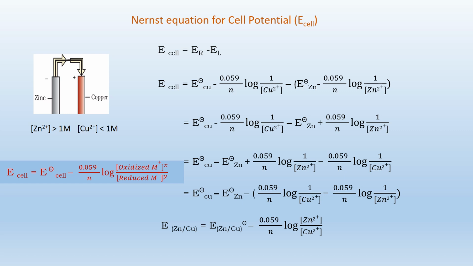Cell potential is calculated by the formula ER minus EL, that is cathode potential minus anode potential. To say exactly, higher potential minus lower potential. As we have already seen with the two buildings, to understand the cell potential, we have seen two different heights of buildings.